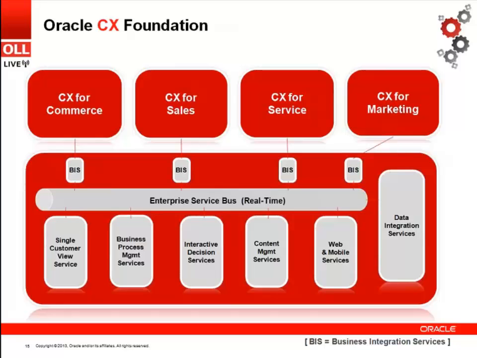Ultimately, data needs to be moved from different applications into a data warehouse, and being able to do this is quite important. So at the heart of it is, like I said, an enterprise service bus, and we have all of these different services which are interacting with the various different applications within the organization to provide you with this foundation layer, which ultimately feeds into all of these different applications which are interacting with the customer.